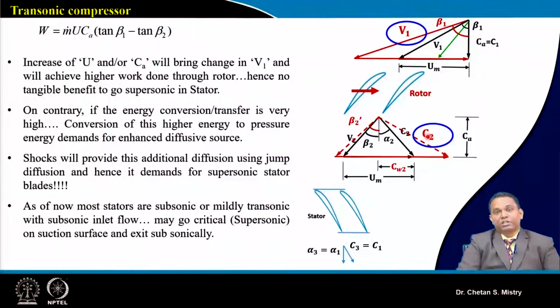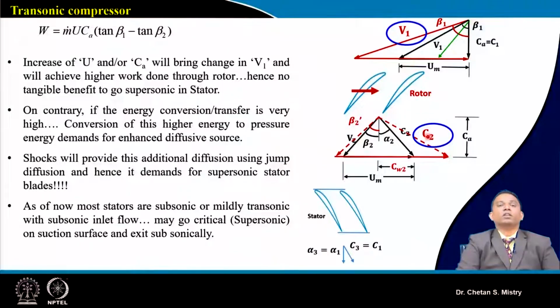as we have discussed, there may be chances that we will have higher kinetic energy coming out from the rotor. That higher kinetic energy, coming out with absolute velocity c2, needs to be diffused, and in order to have that diffusion done, we will have our stator also supersonic.